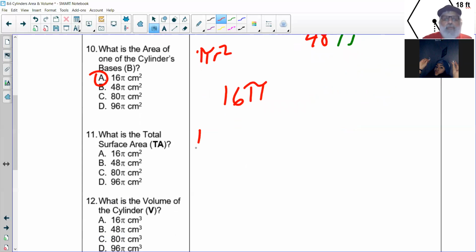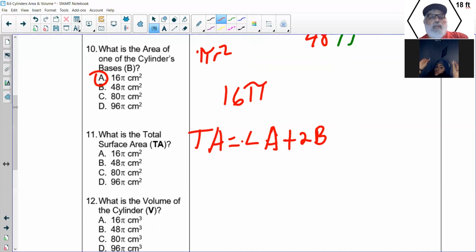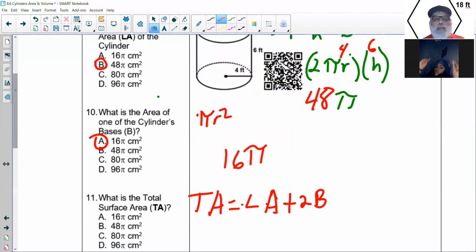Then the total is the lateral area plus 2 times the area of the base. The lateral area you found on the top one, and then you multiply the second one by 2, and then you add them. The 16 is the base, right?